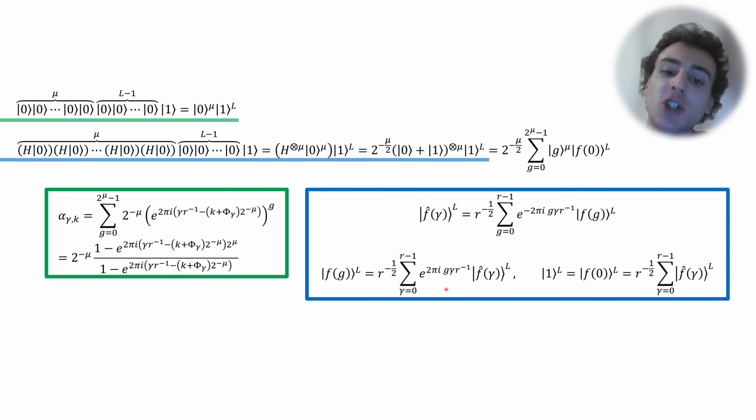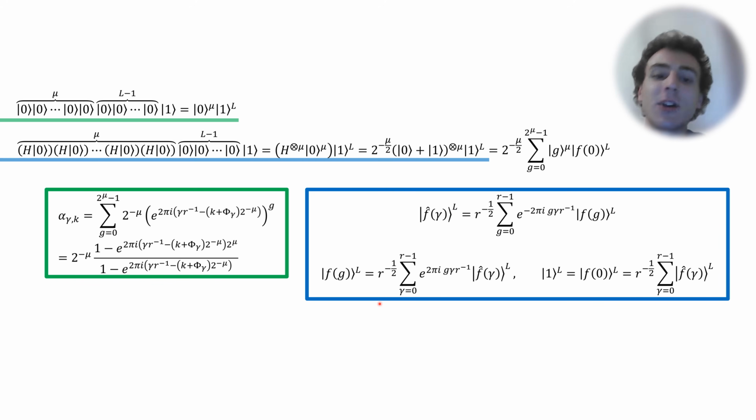So note that g and gamma have a very special relationship. They are a special pair of variables. So when gamma is fixed, g is going to be summed over. And when g is fixed, gamma is going to be summed over. And they're both appearing together in these complex exponentials. So this is a very important expression that we're going to be using later in this video.